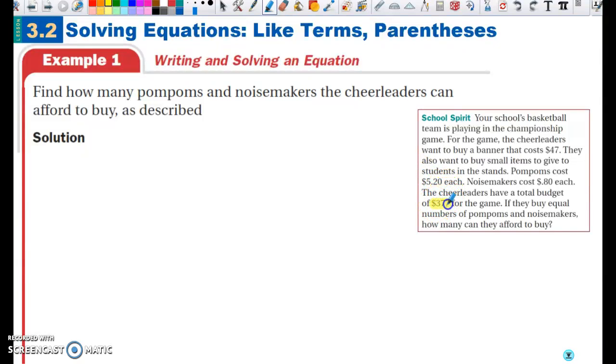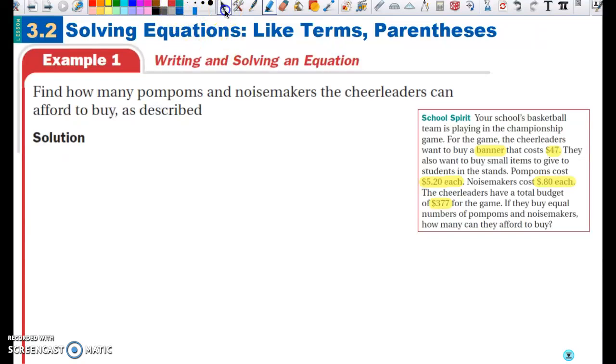We know that there are $377 total to spend on this stuff, and that we know the price of a banner, we know a price of some pom-poms. So a banner, I'm only going to buy one banner, it's 47. And noisemakers and pom-poms depend on how many you buy. So we don't know how many they're going to buy, right? That's what we need to find.